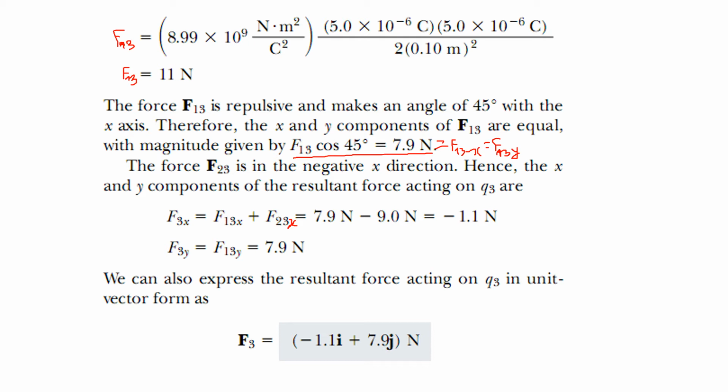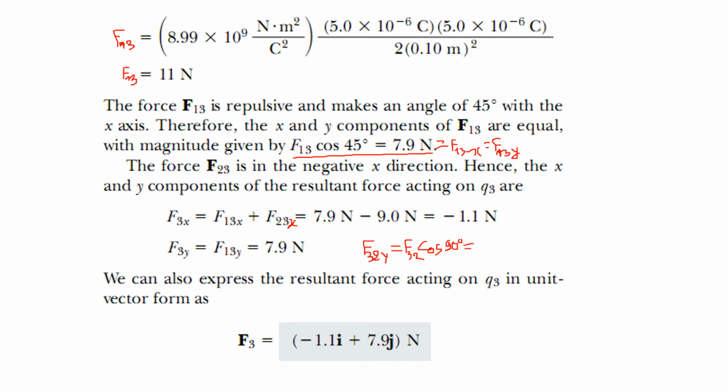And we have seen that this force F32 is oriented along the x-axis. Its y component is equal to F32 times the cosine of 90 degrees, because this force is along the x-axis and we need to find its y component.